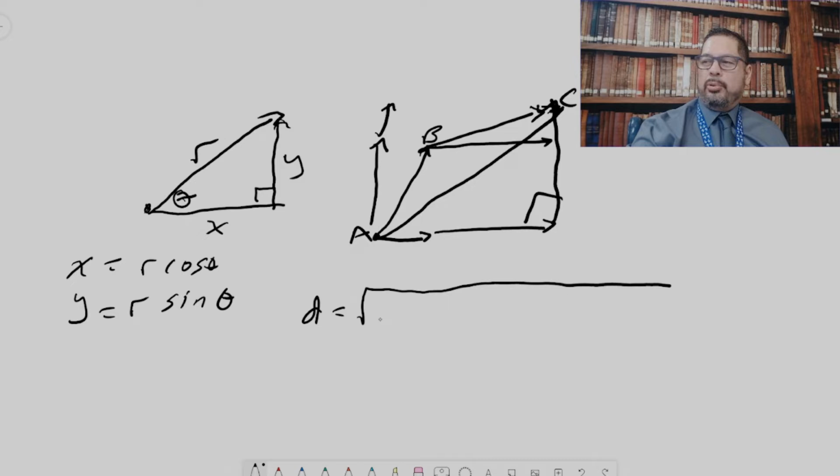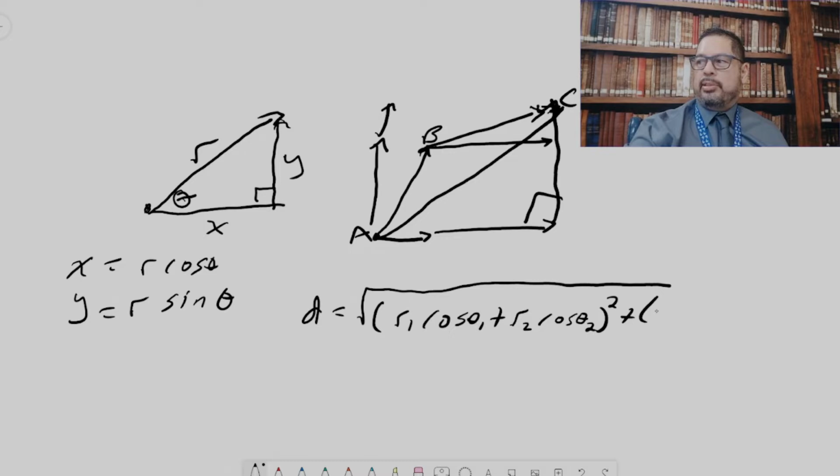It's the square root of the sum of the x components, so (r sub 1 cosine theta sub 1 plus r sub 2 cosine theta sub 2) quantity squared, plus, and then you do the same thing for the y components, (r sub 1 sine theta sub 1 plus r sub 2 sine theta sub 2) quantity squared. And you have the distance.